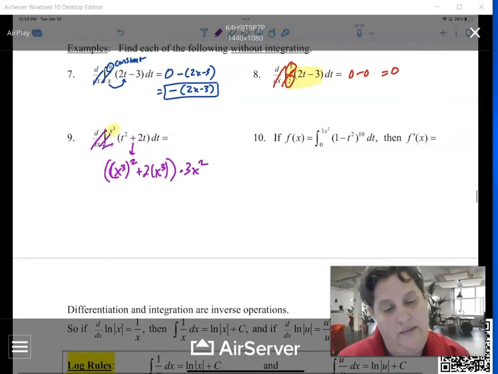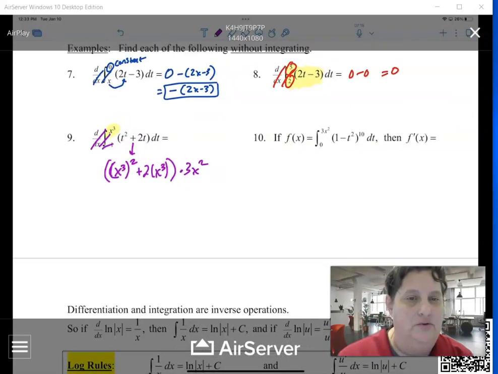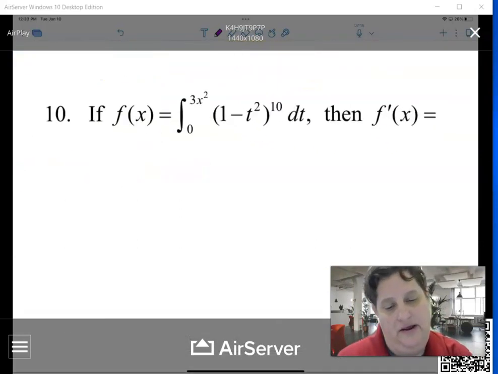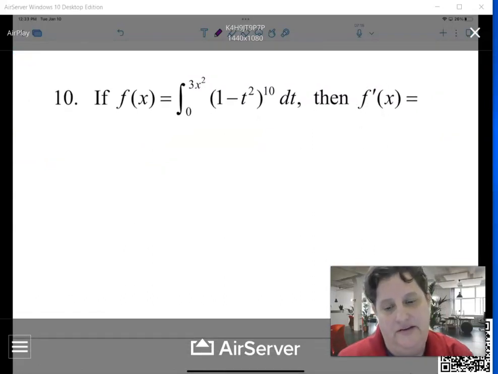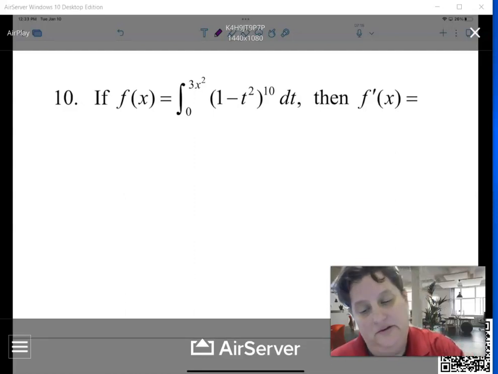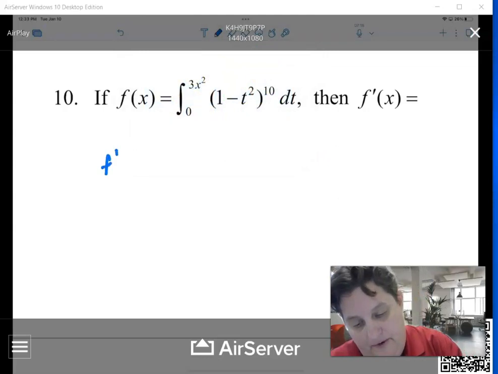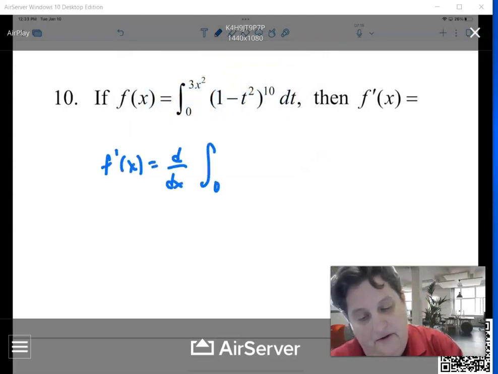Okay? So this is how the questions will appear on an AP test. This is kind of what you'll see. So if f of x is the function that's the integral from 0 to 3x squared of 1 minus t squared to the 10th, what's f prime of x? So I'd go like this. Well, f prime of x means I'm going to take the derivative of the integral of this.